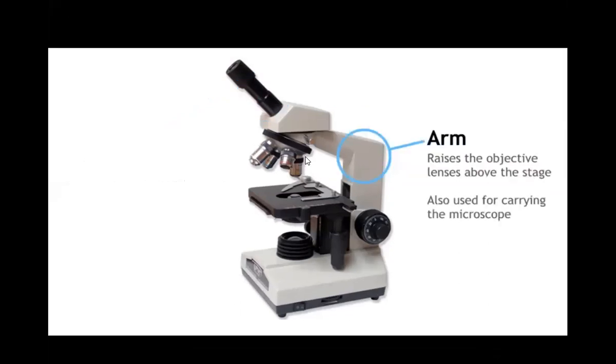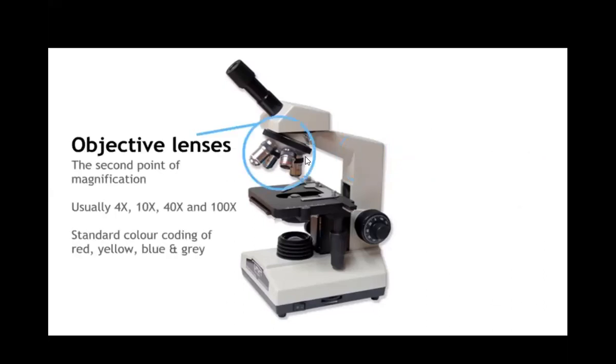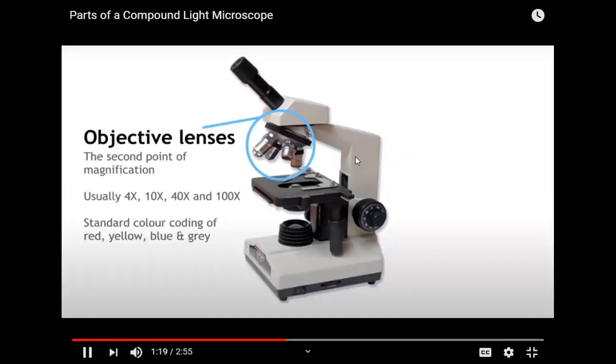It raises the objective lenses above the stage and is also the place where we use to carry the microscope from one place to another. The objective lenses. This is the second point of magnification. They revolve around on what is called the nosepiece. There are usually 4 objective lenses, color-coded for easy recognition. The 4 times is red, 10 times is yellow.